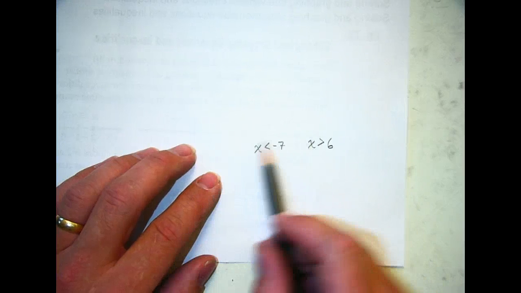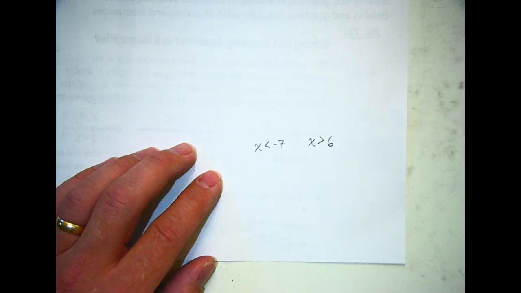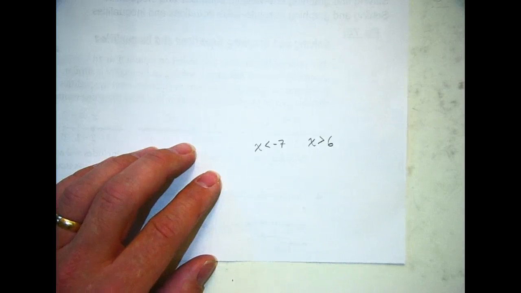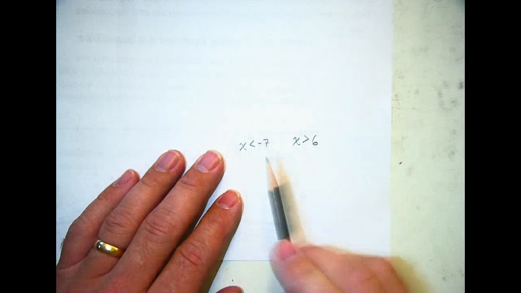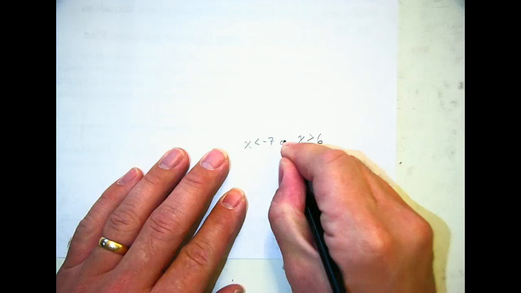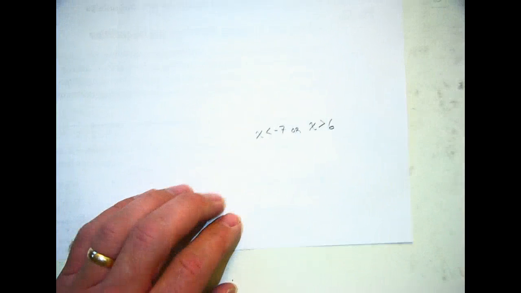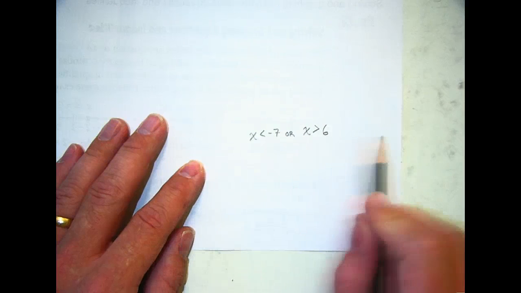So tell your neighbor a number that's less than negative 7 and greater than 6. Can you ever have a number that's less than negative 7 and greater than 6? No, there's no such number. Therefore, this is called an "or." That means these two things cannot coexist.